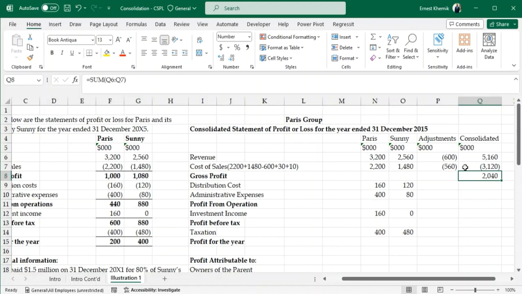I'll have my gross profit, which I can bold in here, and then also put a border around it. All right, so that's our consolidated figure there for us.